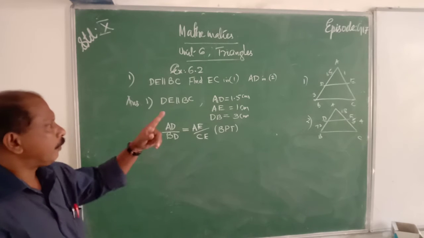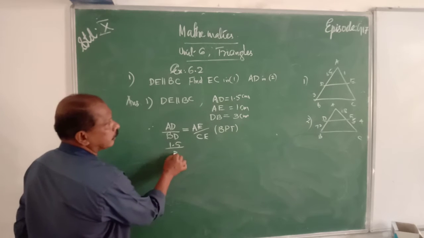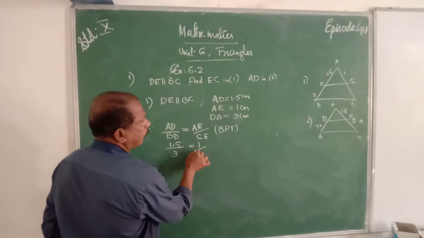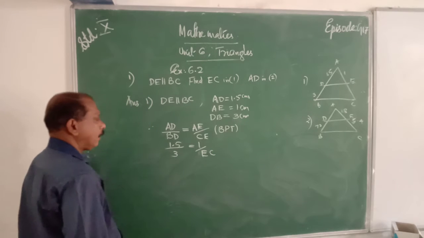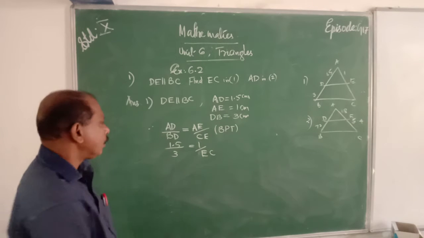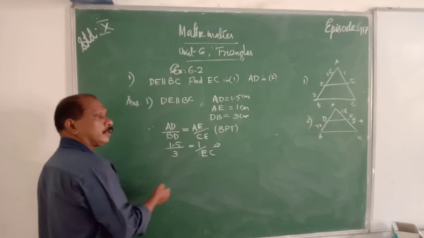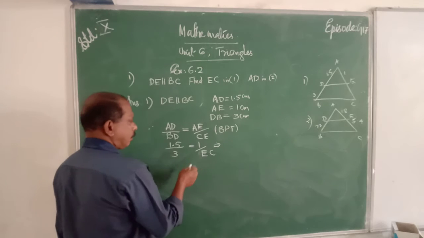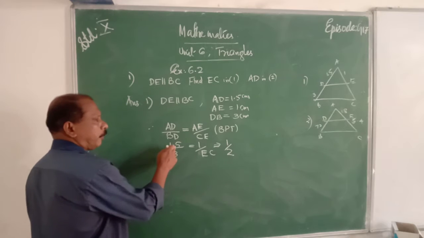Therefore, substitute the value of AD, that is 1.5, by BD, that is 3, is equal to 1 by EC. Easy. 1.5 into 2 is 3.